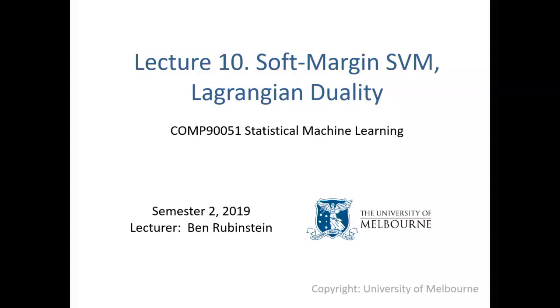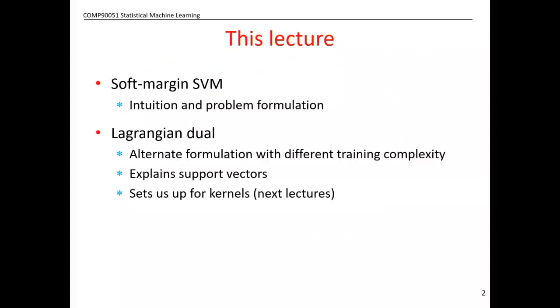Okay. And we'll also talk about an equivalent way of solving the SVM using what's called Lagrangian duality. This is really handy because having 2 ways of training an SVM means we can choose how slow the SVM will be. We can decide to make it slow in the number of training examples, or we can decide to make it slow in the dimensionality of the problem.